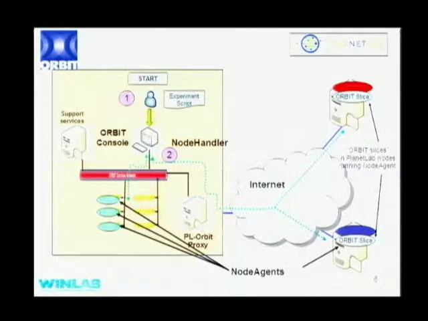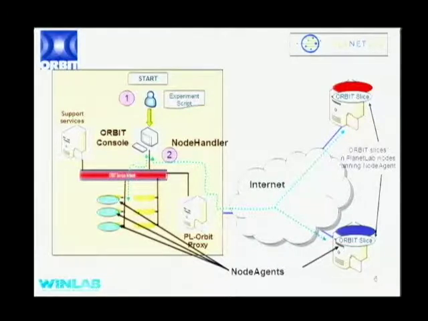We have extended the node agent functionality to work on PlanetLab nodes. Prior to the extension, we created long-running ORBIT slices on the PlanetLab nodes. So the ORBIT integrated experiment will work on those slices, and the red and blue show other experiments that might be concurrently running on the PlanetLab nodes.